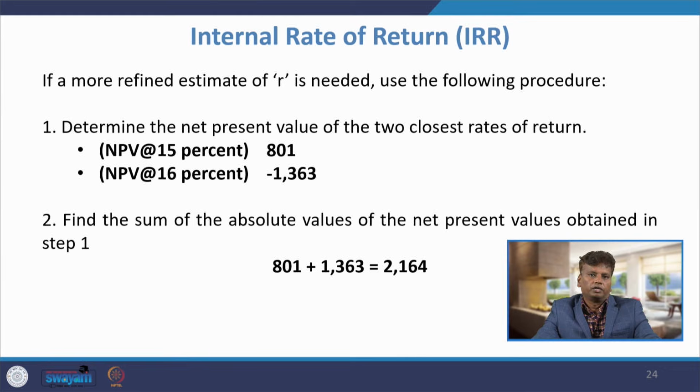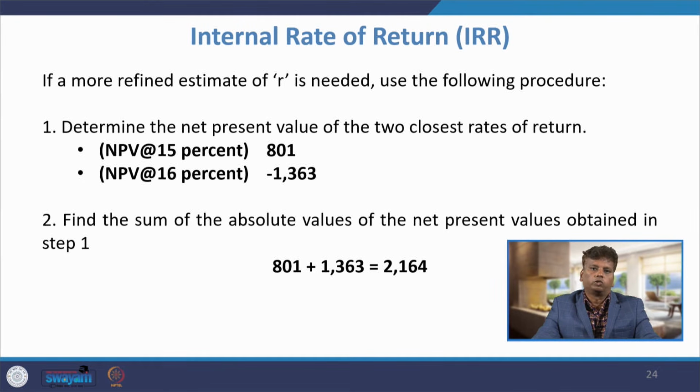If a more refined estimate of R is needed, use the following procedure. Determine the net present value of the two closest rates of return. For example, the NPV when the interest rate is 15% is 801. Then the NPV when the interest rate is 16% is minus 1363.